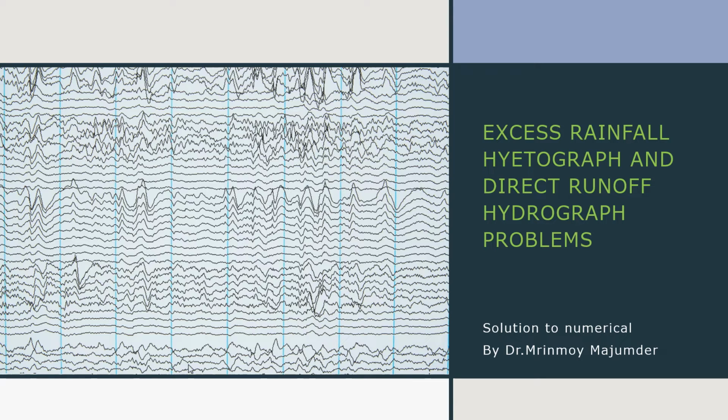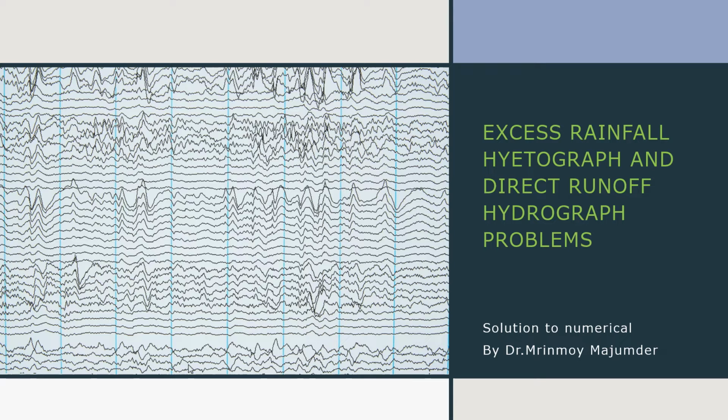Now this effective rainfall hyetograph is nothing but total rainfall hyetograph minus the initial loss and infiltration losses. Okay, so this is actually the effective rainfall hyetograph. I will assume that you know what hyetograph and hydrograph are.